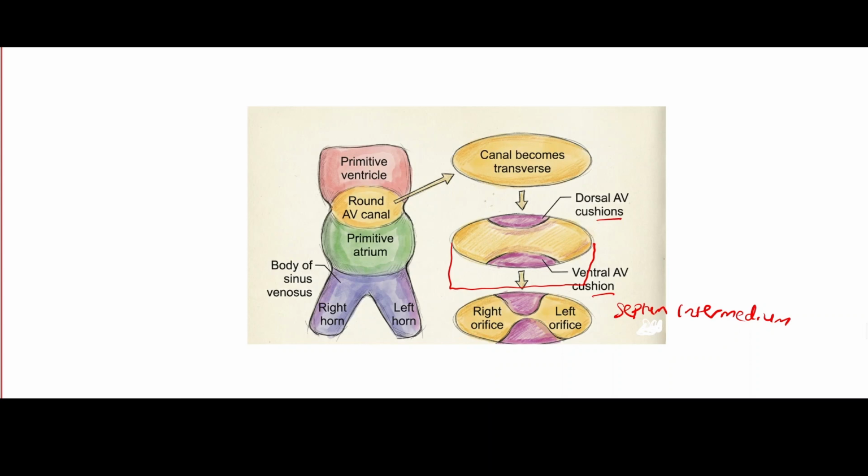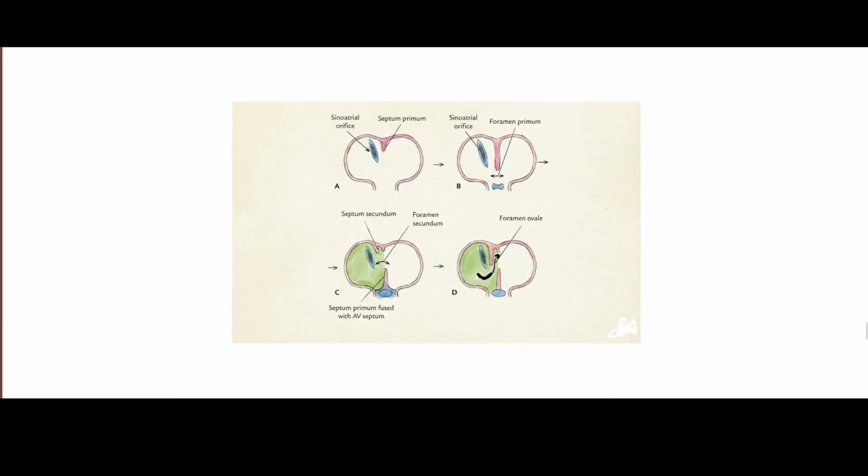Now let's talk about the formation or partitioning of the atria. In the formation of the atrial septation or the atrial division, at first a septum called the septum primum grows from above downwards, and it eventually leaves an opening called the foramen primum.